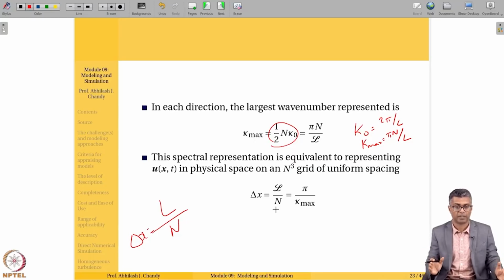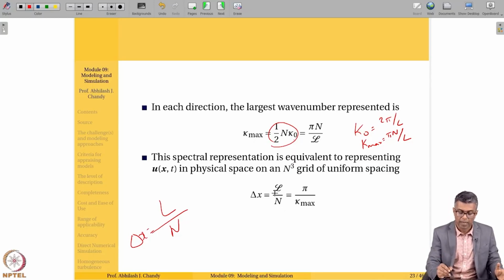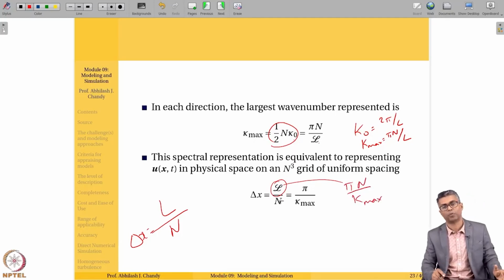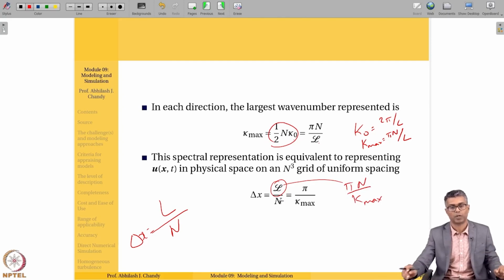So L over n, now if I substitute L using this equation here, L is pi n over kappa max, I get your delta x is pi over kappa max. That's your grid spacing. So if you decide your maximum wave number is going to be 128, then your delta x is pi over kappa max.